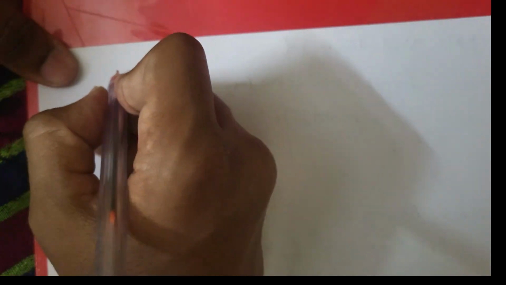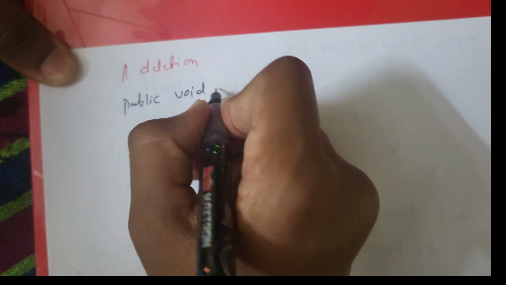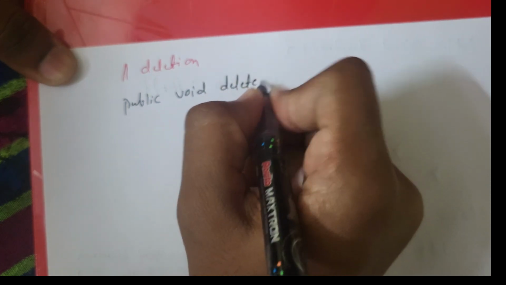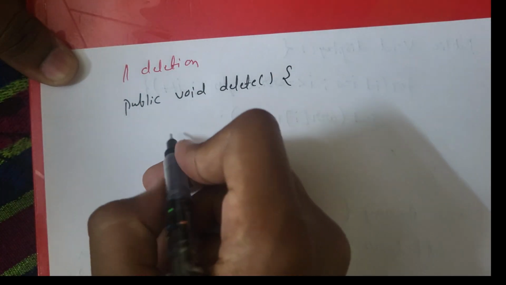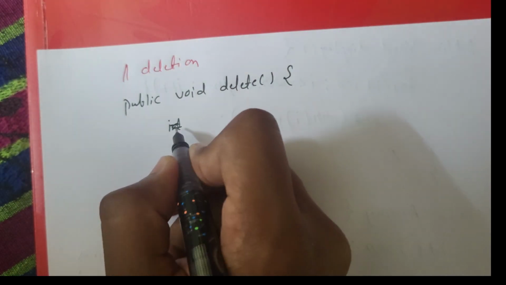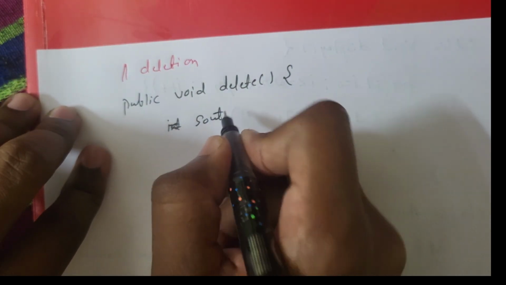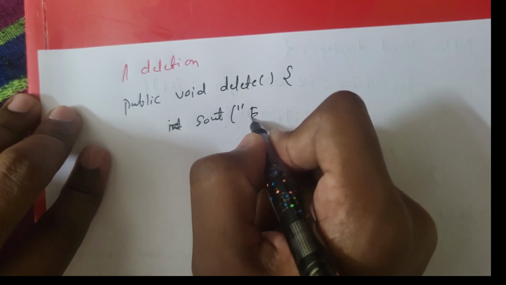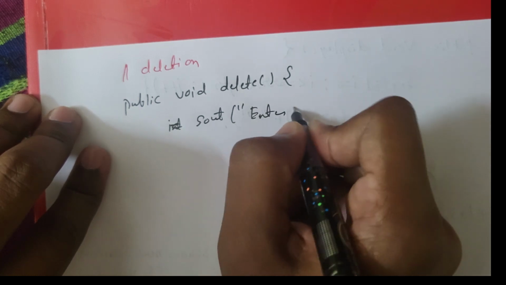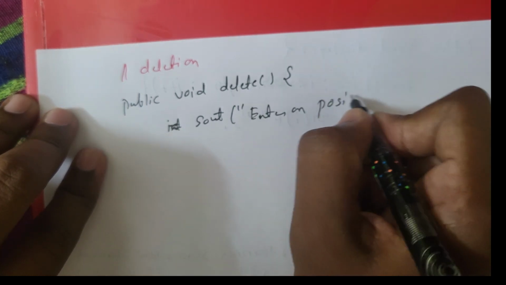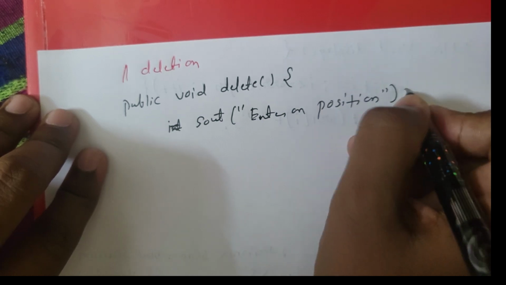Now we also have to write deletion here. Simple, and deletion, what we did, write a method like this, void delete. We will ask the user to enter the position in which he wants to delete, enter the position.